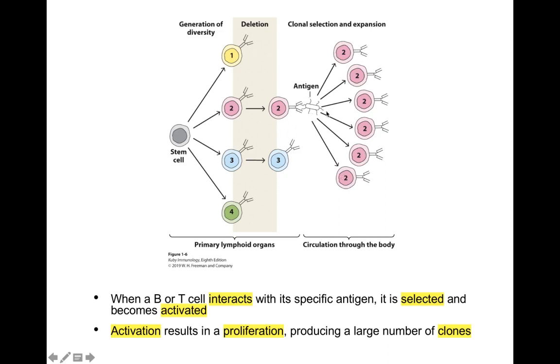If they go through the primary lymphoid organs, they may circulate through the body, but if they don't actually interact with antigen, they're not going to expand into more of that same exact B cell. And it's showing you here in the primary lymphoid organs how some B cells actually don't make it into circulation, because they may make a B cell receptor that's recognizing self antigens. So those are deleted in the bone marrow.